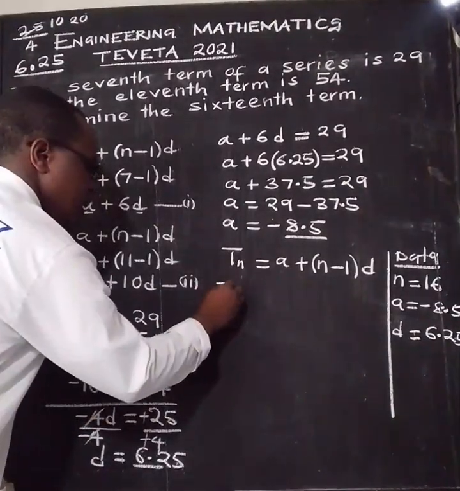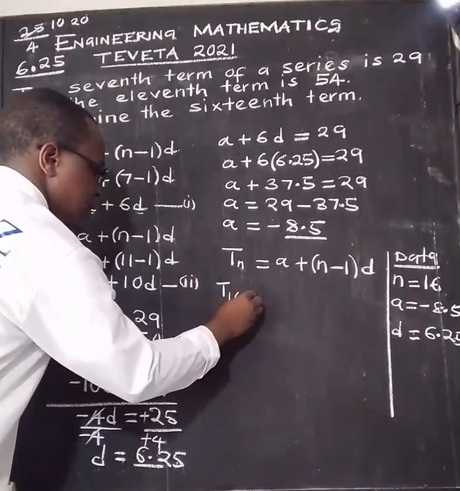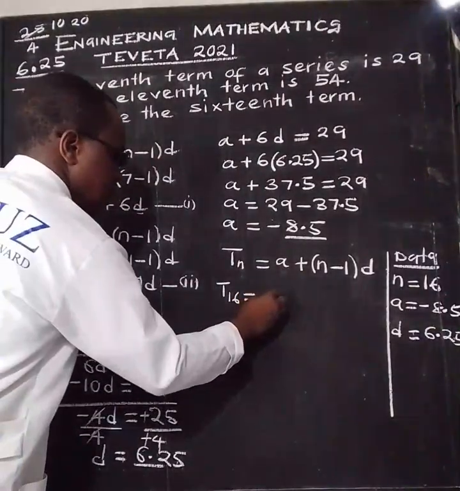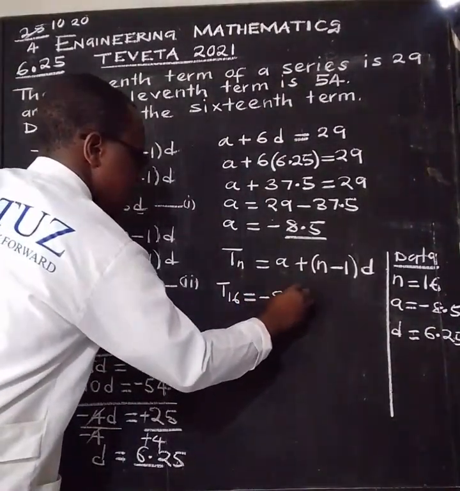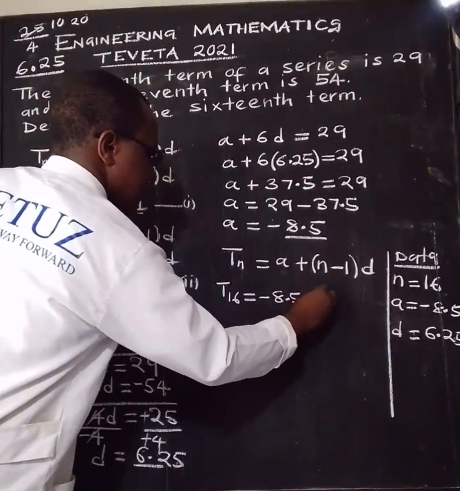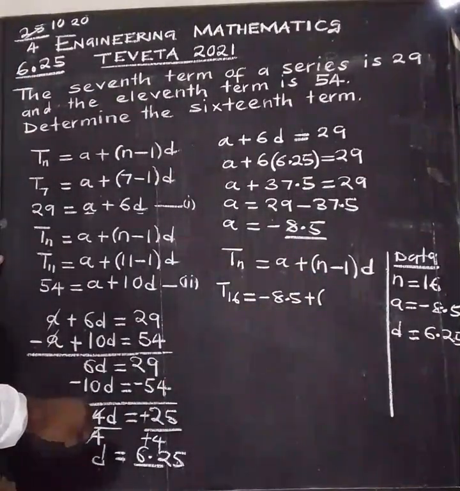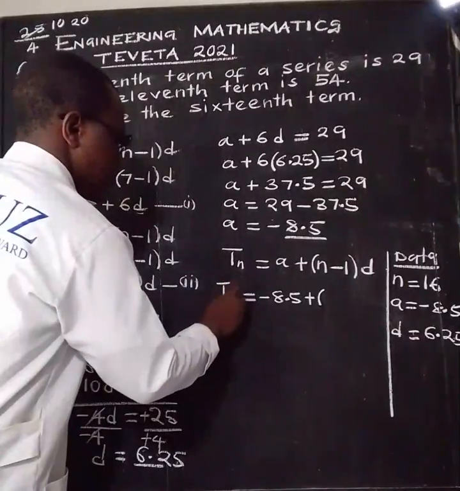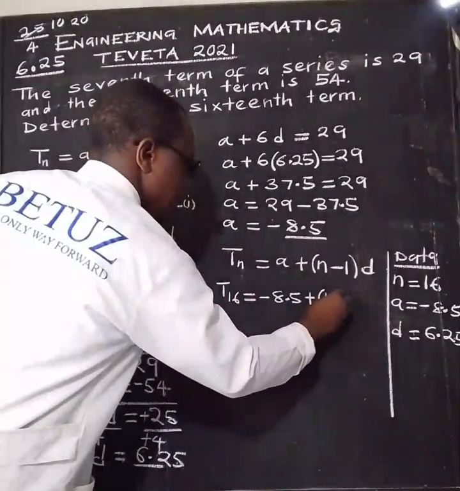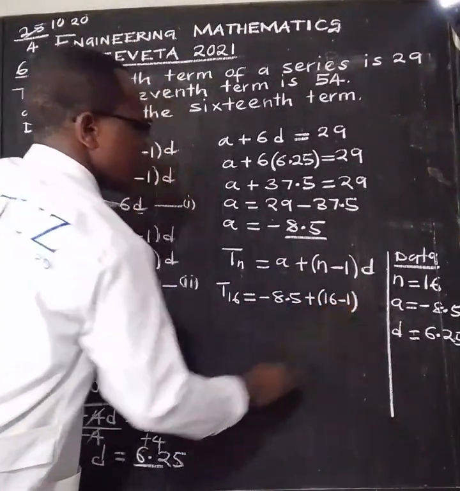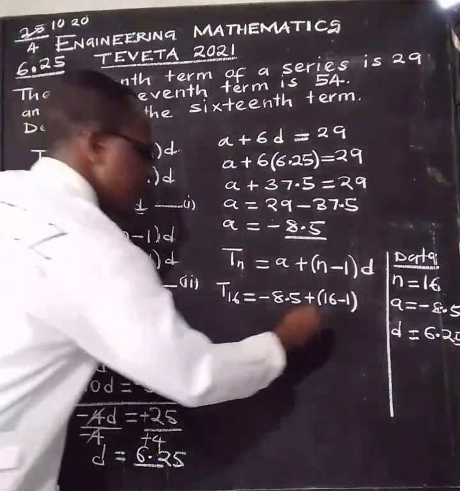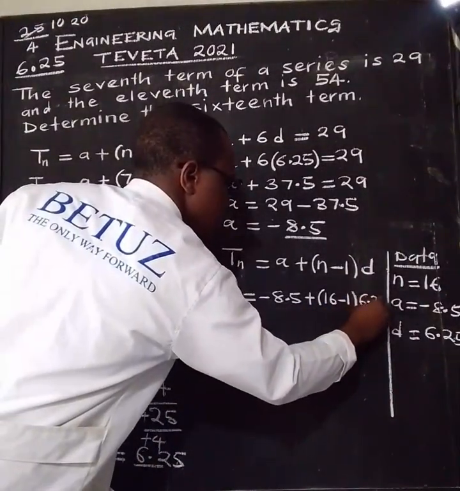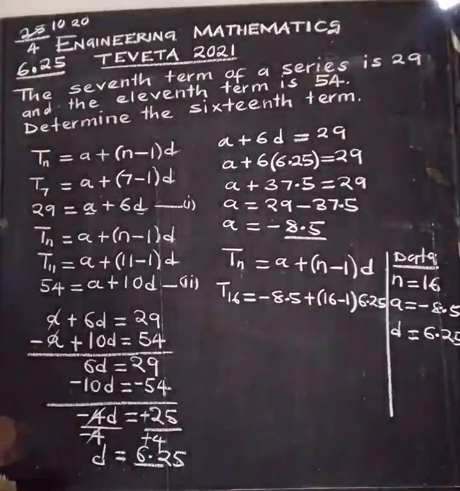So you say T16 is equal to our first term, negative 8.5, plus n, which is 16, minus 1, multiplied by 6.25, which is the common difference.